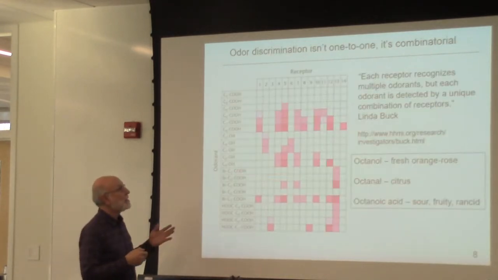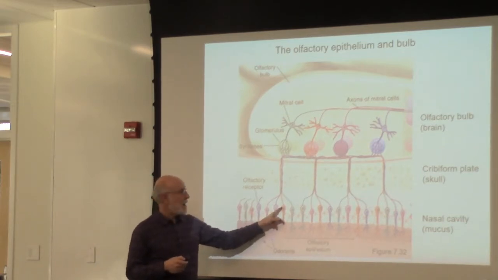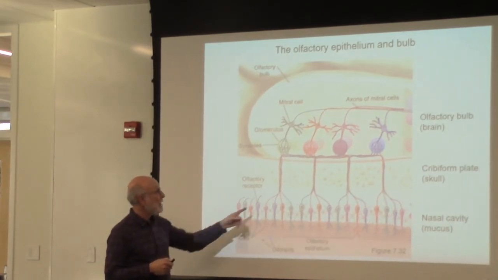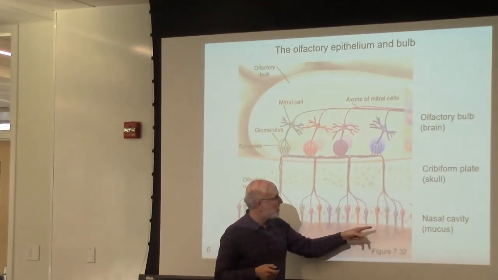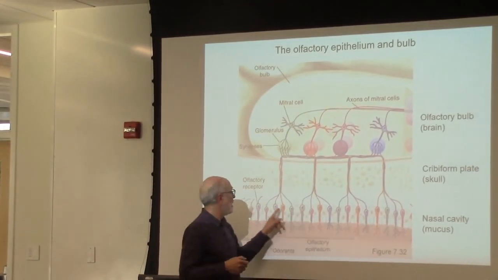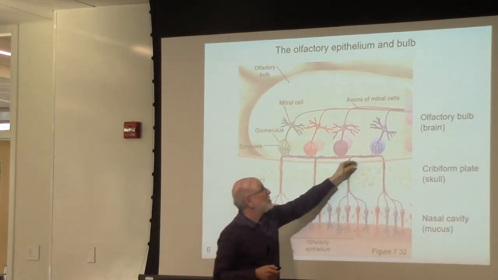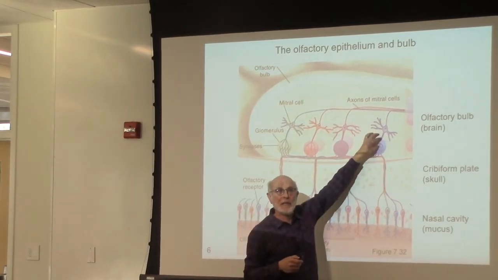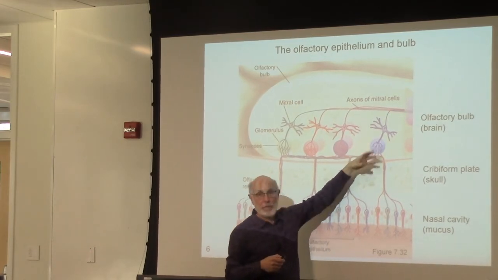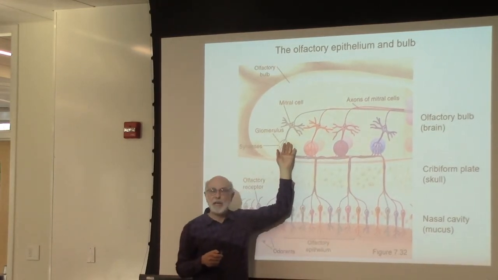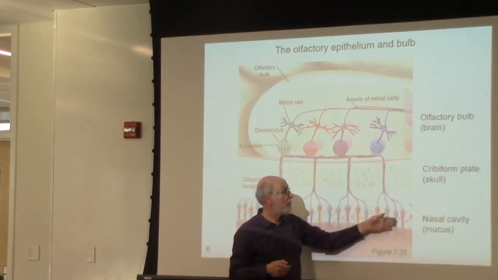So the axons, let me go back to this. Each receptor type, so that's what this color coding is supposed to be. Let's just say this blue-purple one is receptor 1. Receptor 1 forms synapses in a specific glomerulus of the olfactory bulb. So we have 350 different types of glomeruli in the olfactory bulb, where the synapses from receptor 1 form.